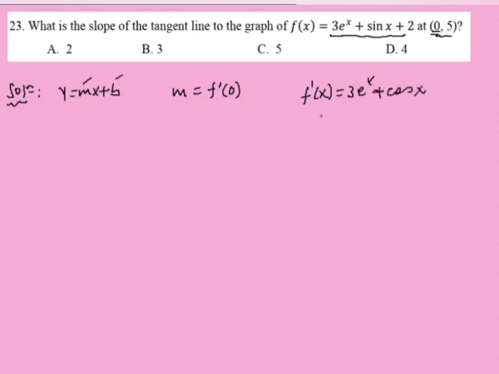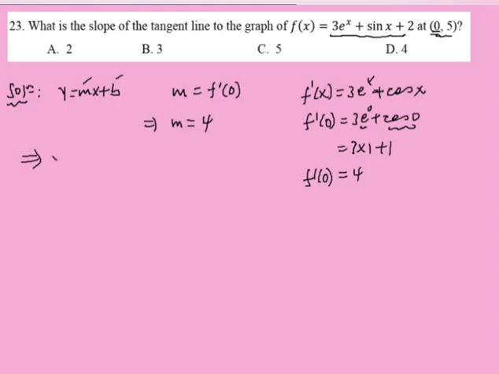So f derivative at 0 is 3 times e to the power of 0 plus cos 0. Cos 0 is 1, e to the power of 0 is 1. So this is 3 times 1 plus 1. F derivative at 0 is 4. Therefore, the slope of this line is 4.